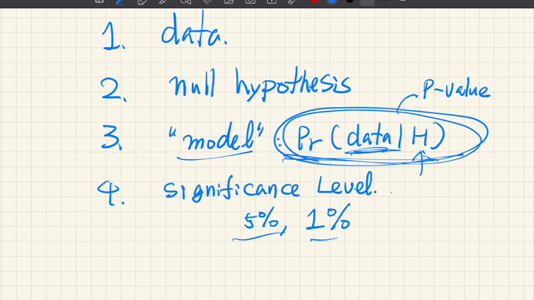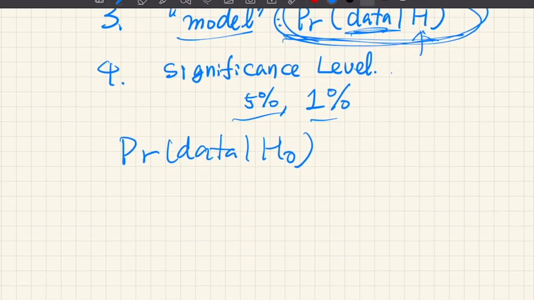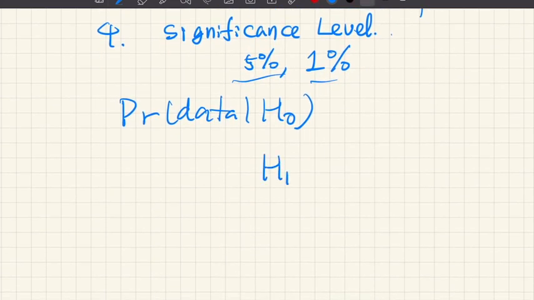We can only reject. We cannot accept. Why? Because even if this probability is large according to one of our hypotheses, let's pick another hypothesis which gives a bigger probability.